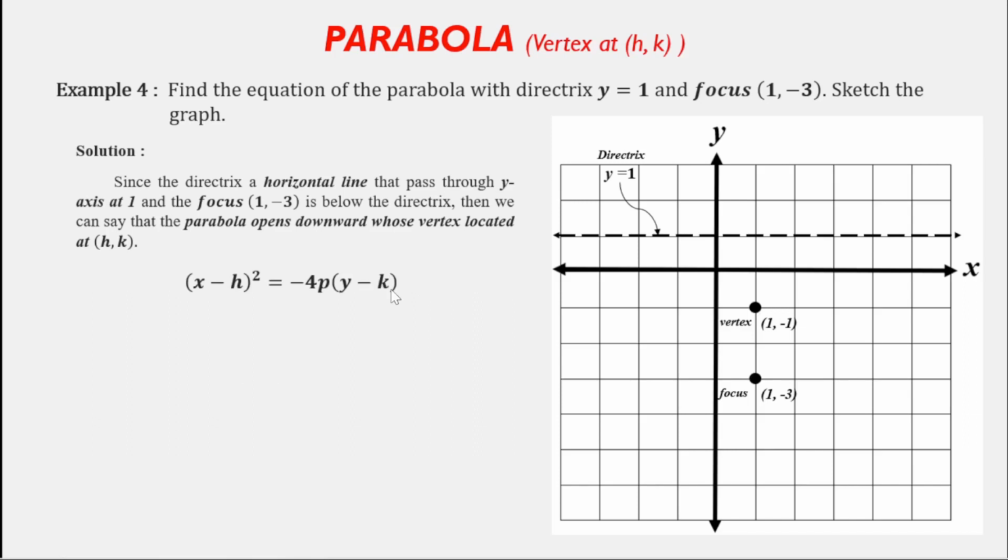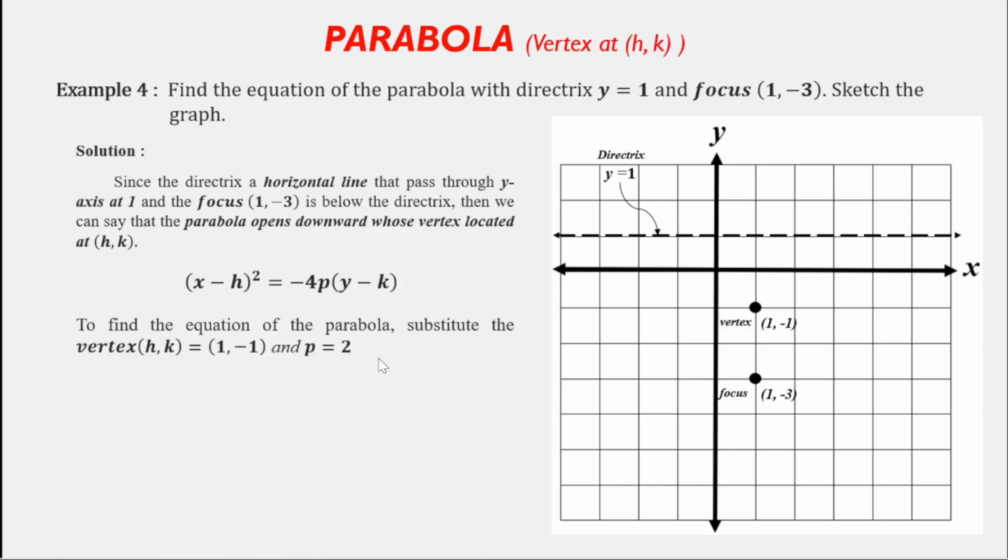Since the parabola opens downward and the vertex is located at (h, k), we are going to use the standard equation of the parabola: (x - h)^2 = -4p(y - k).